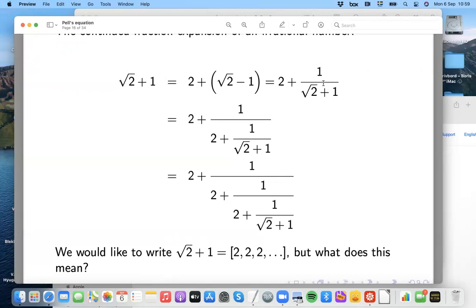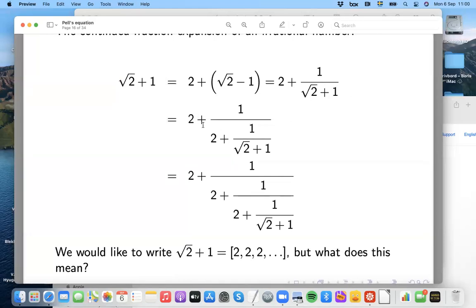So the inverse of square root of 2 minus 1 is the square root of 2 plus 1. So this is a valid representation: square root of 2 plus 1 equals 2 plus 1 over the same expression. And then you just repeat this, because we have it already for this thing.